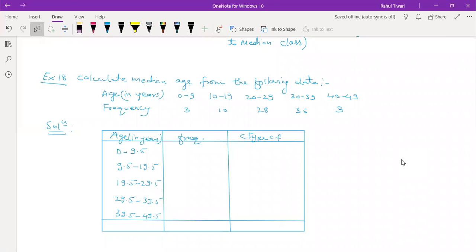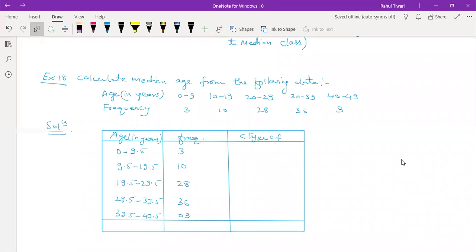Here, if I subtract 0.5 from 0, it will give a negative number, which is not possible because it is age. That's why I have started from 0. This is one note you should always take care of. The frequencies are 3, 10, 28, 36 and 3.